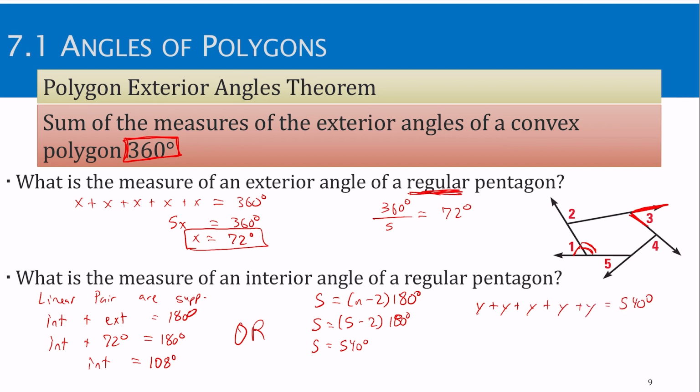So it's like saying 5x or 5y. I'm using y because I already used x for the exterior. Divide that by 5 and you get 108. So for a regular pentagon, the interior angle is 108. The exterior angle is 72.